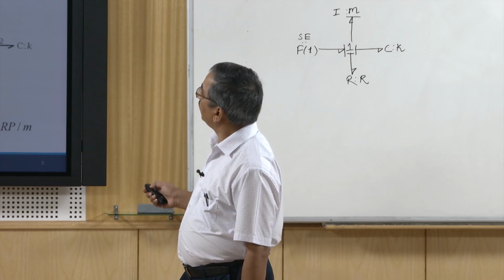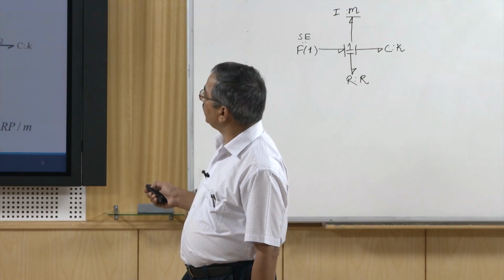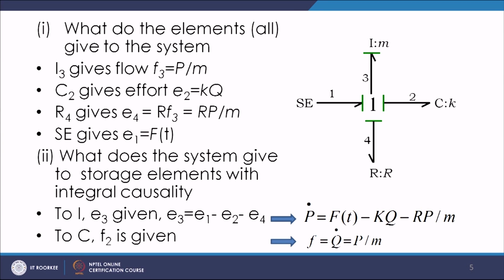So, here it is the I and the C, these are the two storage elements who have the integral causality. So, you see that the system is giving to this I element an effort, you can see here the stroke is there, it means that it is giving an effort E3.